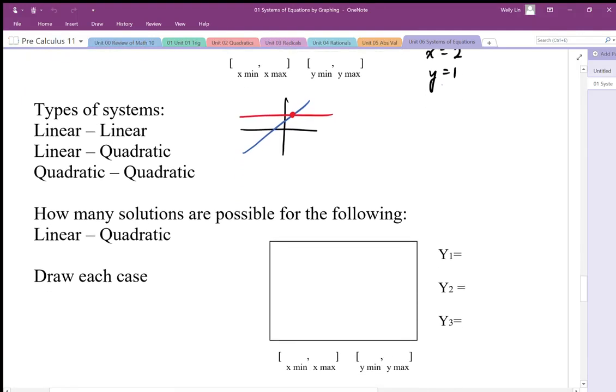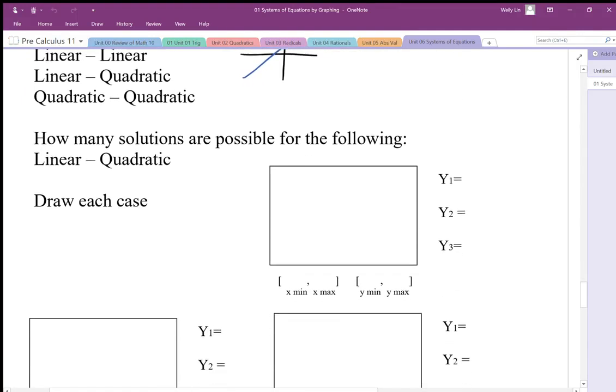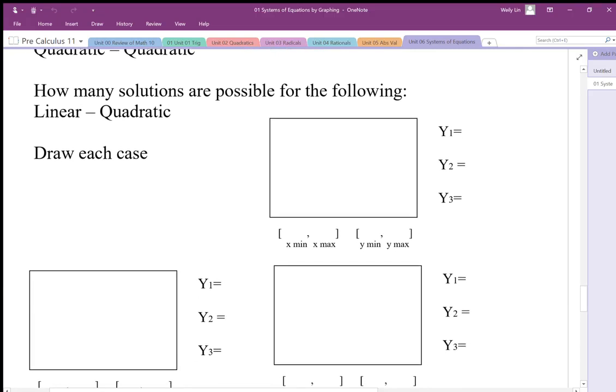So when we look at a linear quadratic situation, we have to consider how many solutions are possible. We can have two solutions, when we have a quadratic and a linear function and it intersects at 2 points.